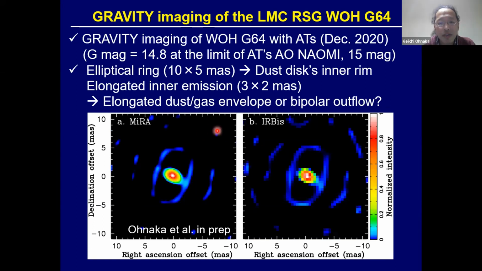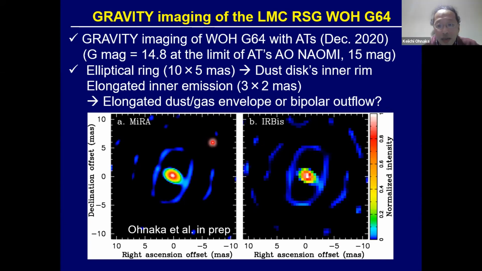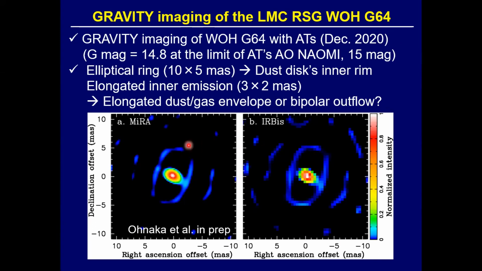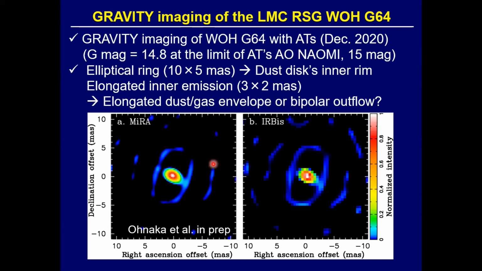Also, they are quite weak. Yeah, but the strengths of the outer rings are similar to the inner ones. So I suspect that maybe they could be the side lobes of the interferometer.